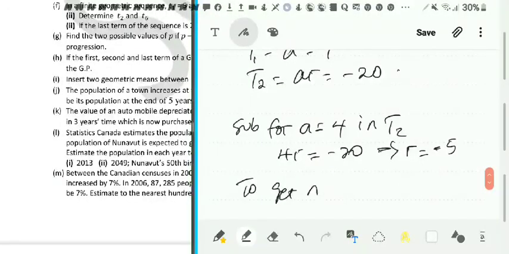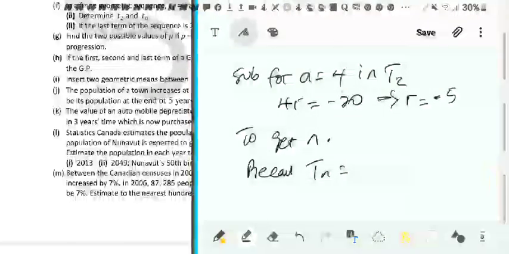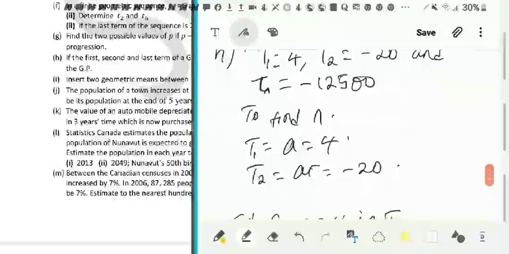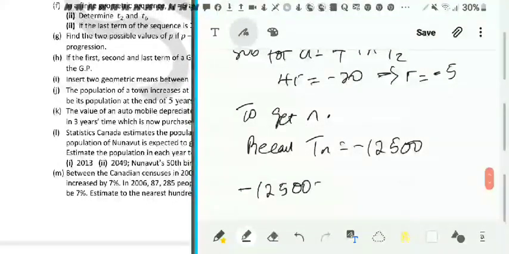So to get n now, Tn, that's the last term. Recall Tn was given as negative 12,500. So it means that negative 12,500 equals A. What is A?